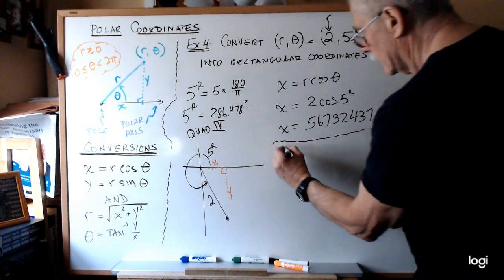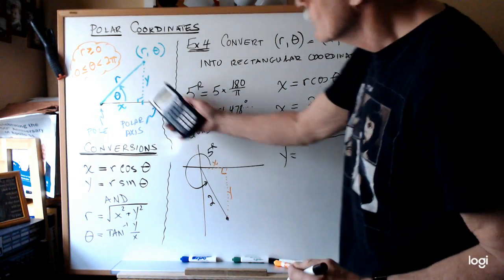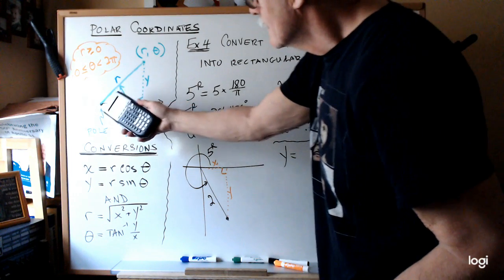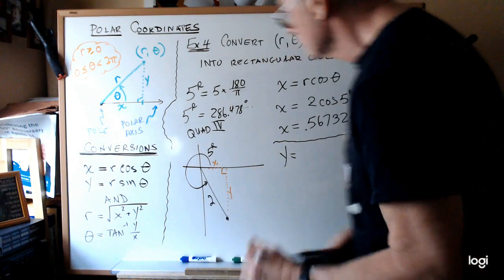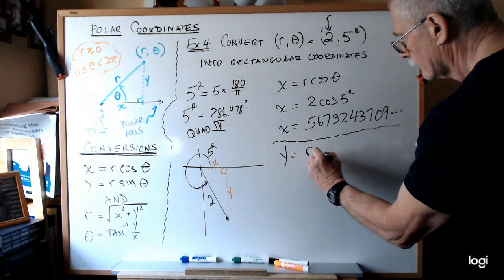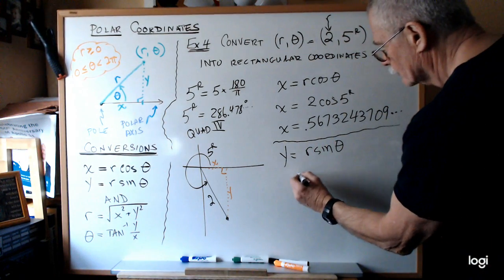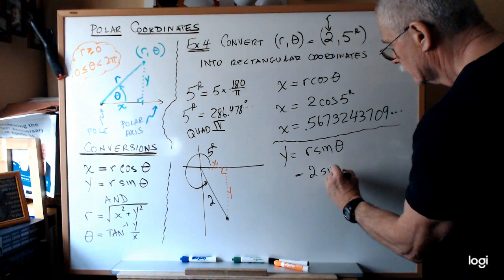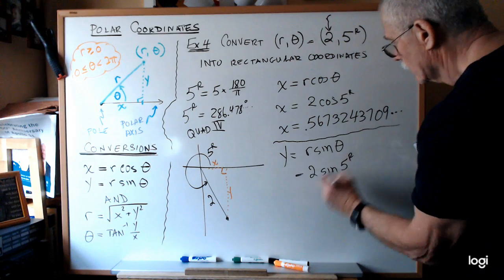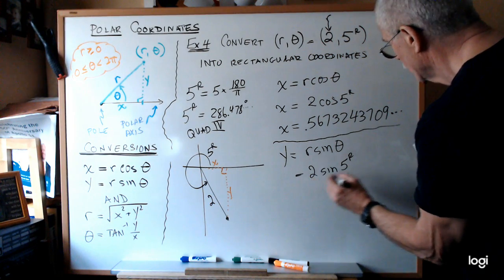And y, again, as we've seen in the past, sine is y over r, so therefore y is r sine theta. And put the numbers in: 2 sine of 5 radians. Again, I want to be in radian mode.